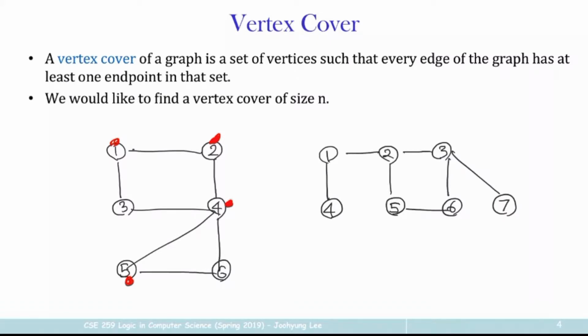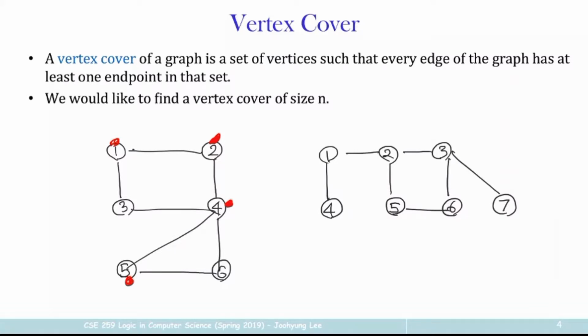So computationally, what is a more interesting problem? To find a vertex cover of bigger size or smaller size? Smaller size. In a very extreme case, if you are allowed to choose any set of vertices, I would actually choose all the 6 vertices. Then checking the cover is trivial.